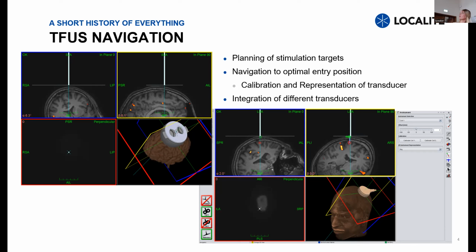We have already started to work with different manufacturers of transducers. You see a Brainsonics transducer here and a Neuroscience transducer. And with this, we want to help the user to position the transducer on a desired area. And this is what we do.